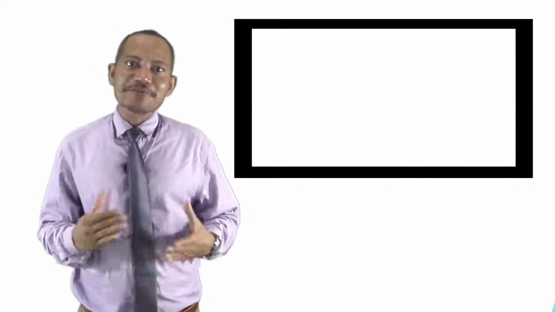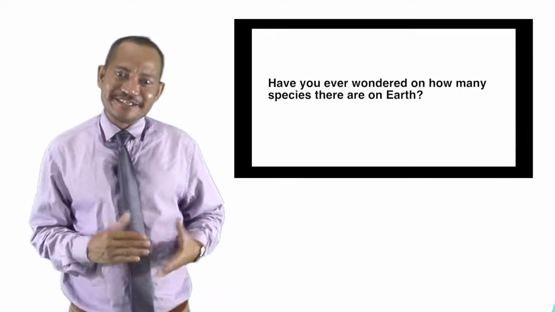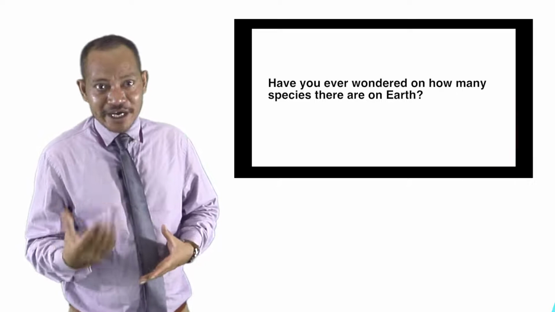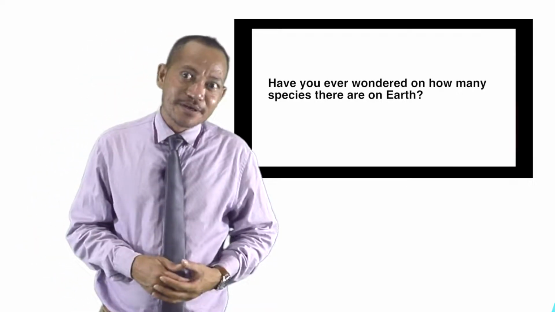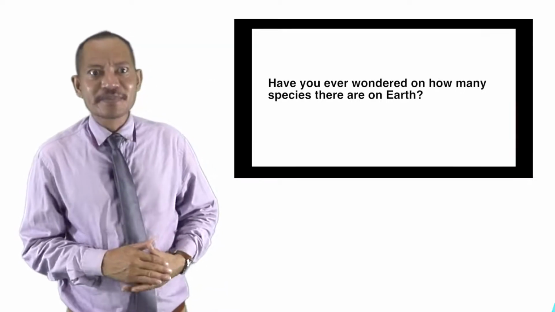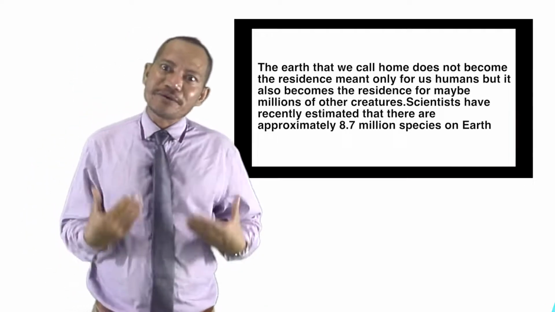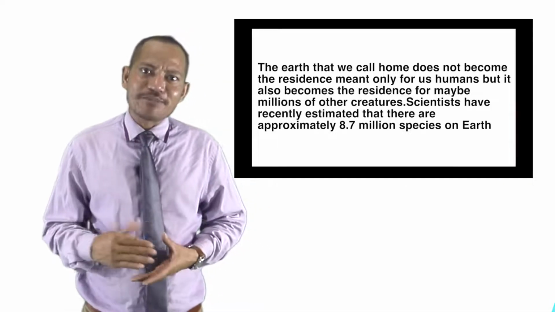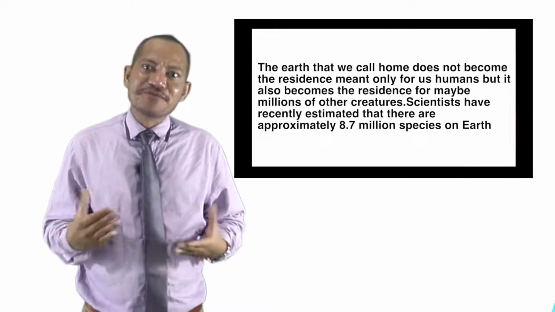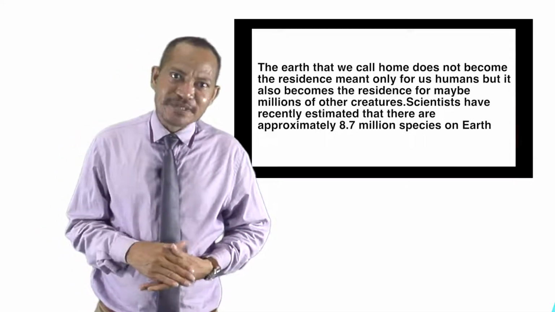All right, I would like to start the lesson by asking you all this question here. Have you ever wondered how many species there are on Earth? Well, guess what? The Earth that we call home is not the residence meant only for us humans, but it is also the residence for maybe millions of other creatures.